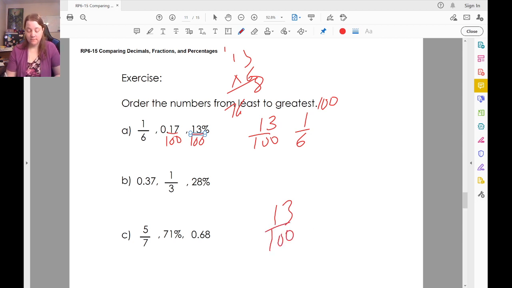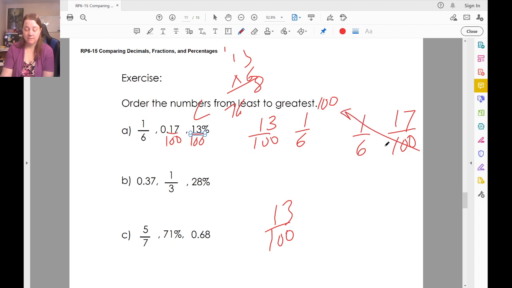The next one, I need to figure out which is bigger here, 1/6 or 0.17. So to figure that out, I'm going to compare 1/6 to 17 over 100. 100 still on this side. 6 times 17, or 17 times 6. 7 times 6 is 42. 6 times 1 plus 4 is 102, which means 1/6 is smaller.